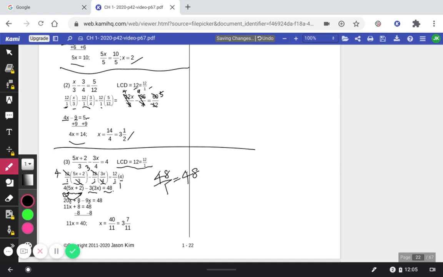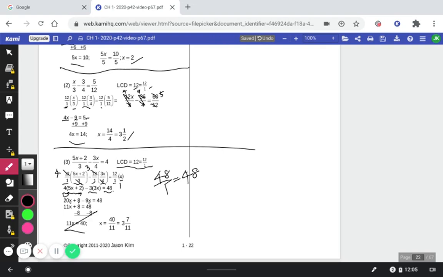Now you have x on both sides, so you combine the x. 20x minus 9x becomes 11x. So you end up with 11x plus 8 equals 48. Take 8 out of both sides. 11x equals 40.